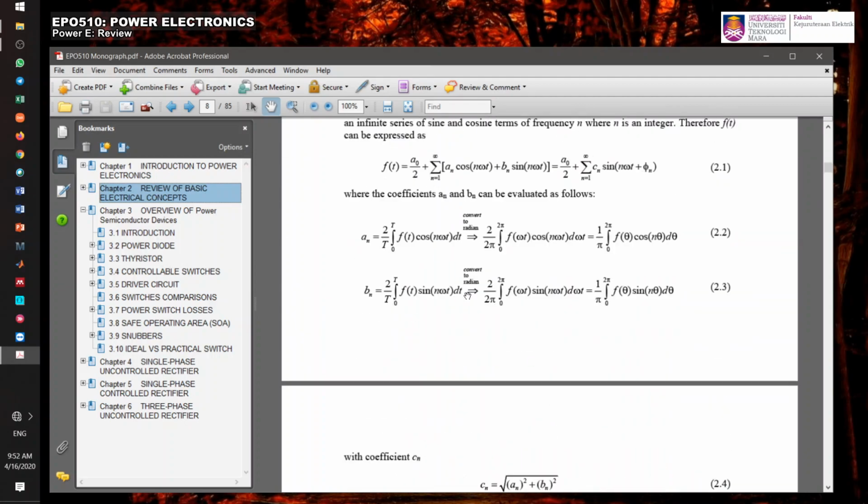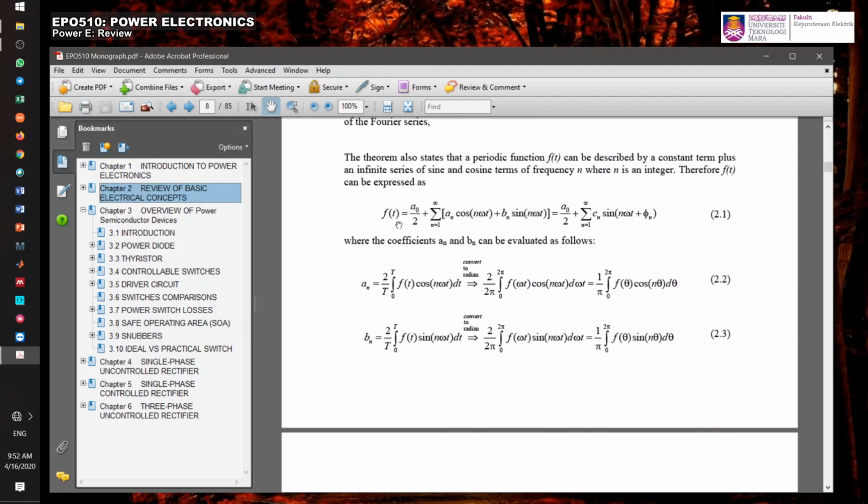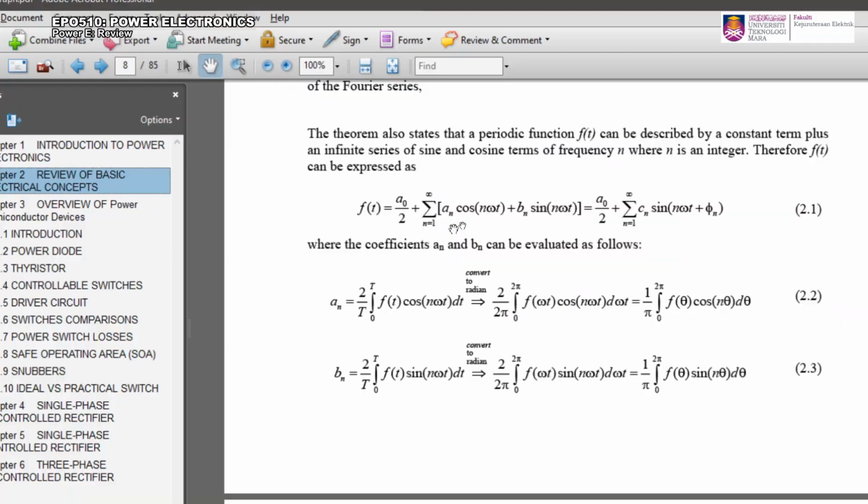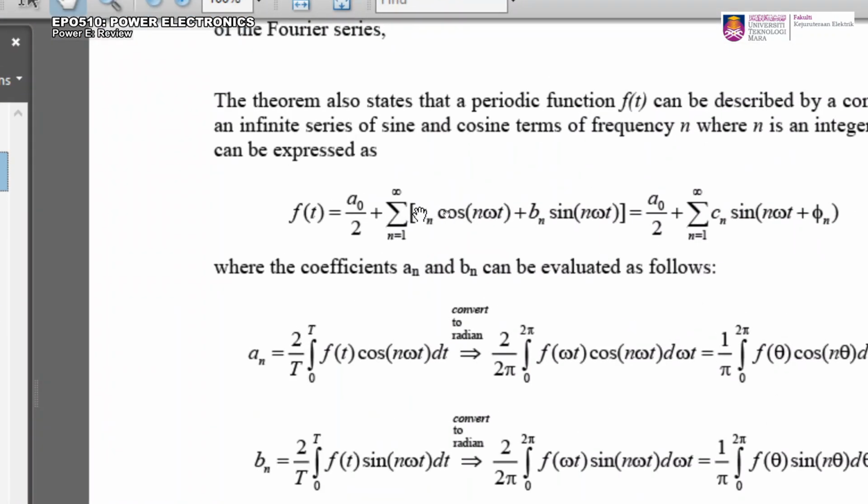So in this equation we have the Fourier series equation. F of t, all the waveform can be described by, at first we have the A0 over 2. This A0 over 2 actually represents the DC component, the average value.